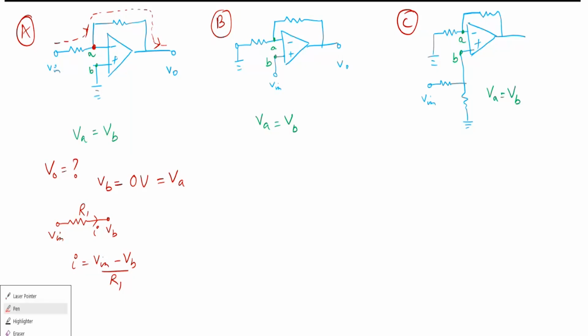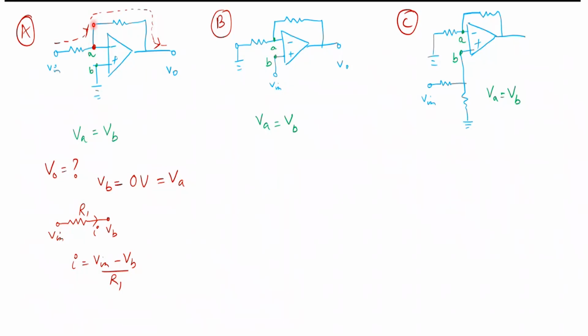Now, the concept which I'm going to explain, this is also very important. What is the input impedance of an op-amp? It is very high, right? So since the input impedance is very high, almost all the current will go through this feedback resistor. It will not be able to go towards the op-amp.